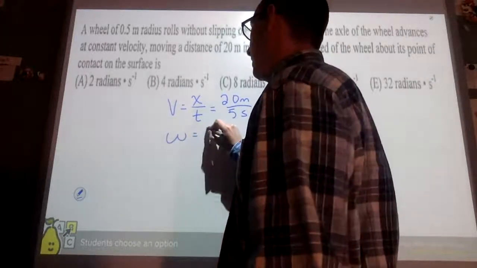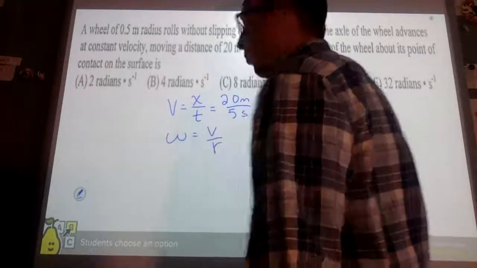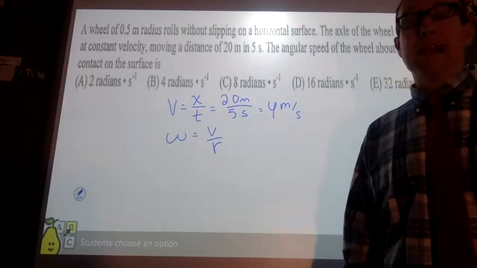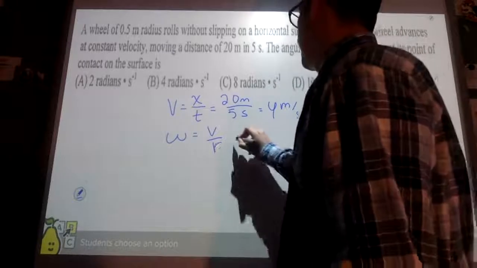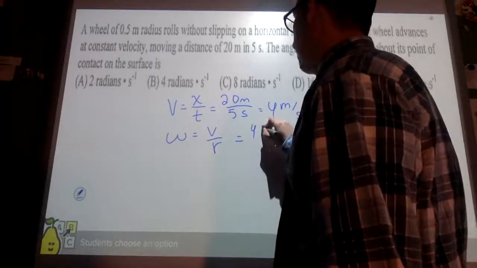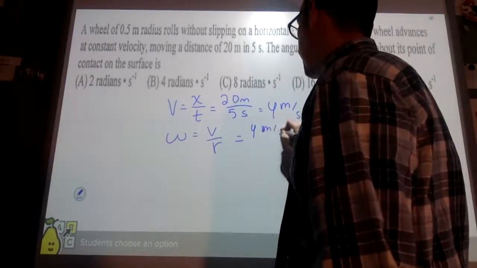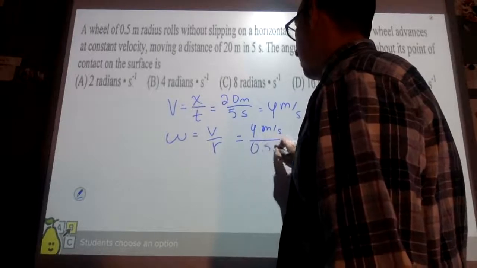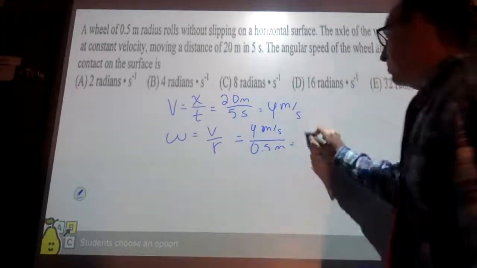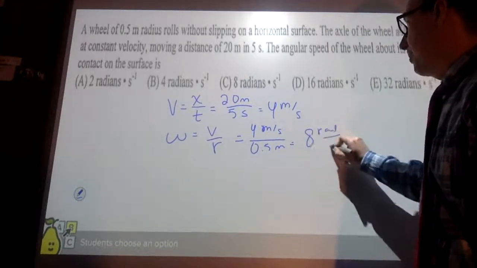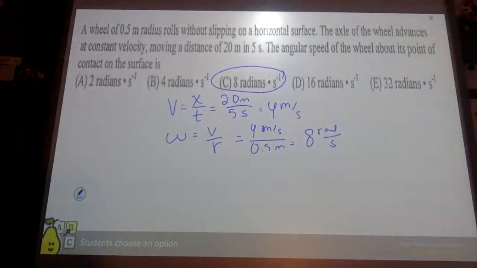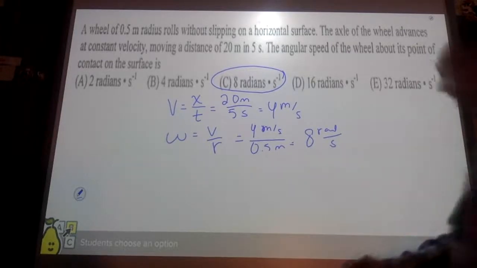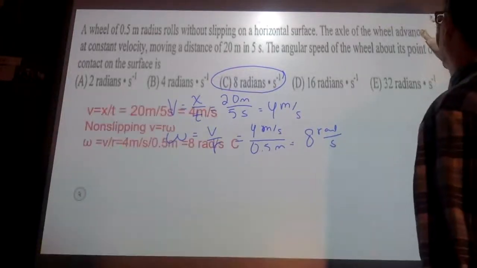Angular speed is velocity over radius, only if it's non-slipping. And so this is going to be 4 meters per second divided by 0.5 meters, which would be 8 radians per second. So that's only a non-slipping angular velocity.